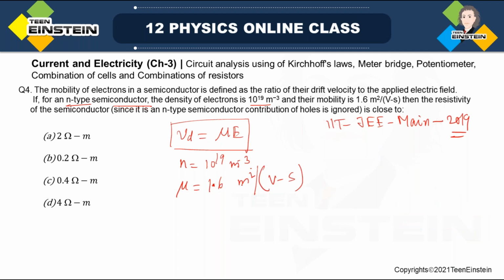Now look at what we know. Current density J is equal to n e Vd, where n is the number density, e is the electronic charge, and Vd is the drift velocity.